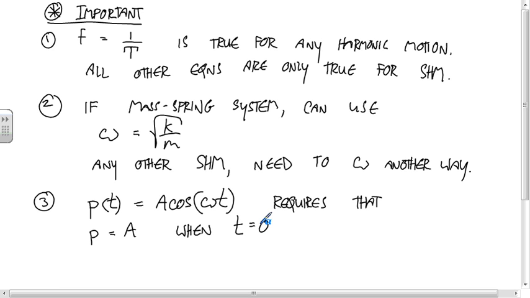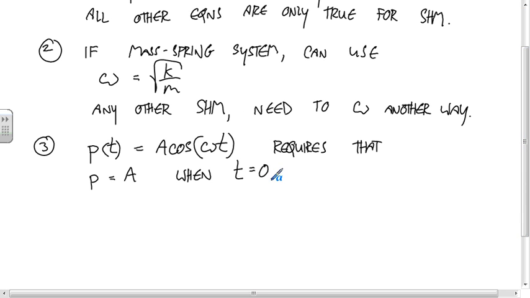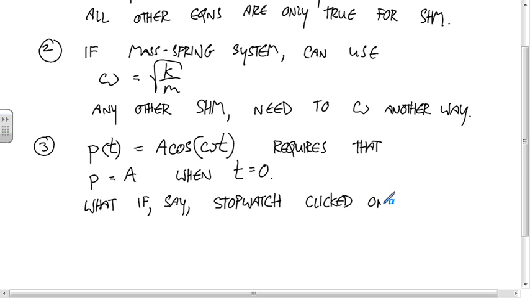That's just mathematically, that's a requirement for that cosine function. So what if, say, in measuring your motions, the stopwatch is clicked on, turned on when position is not equal to positive A.